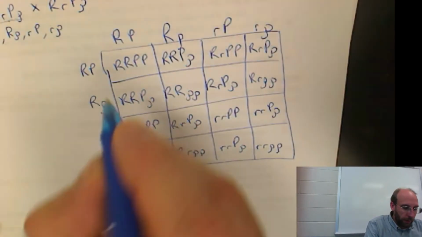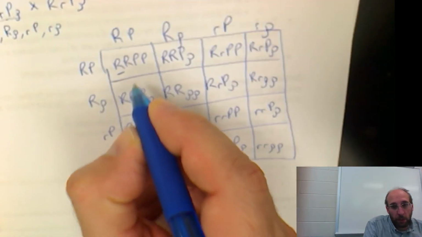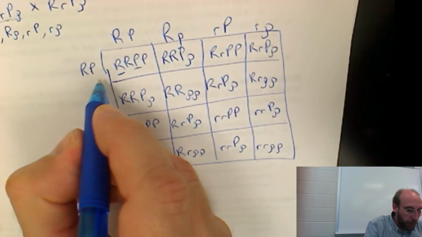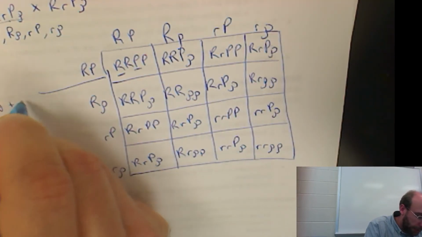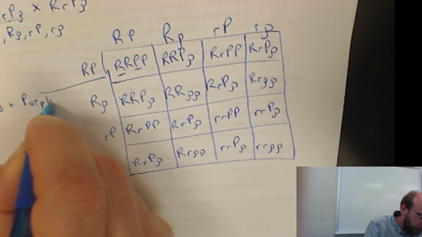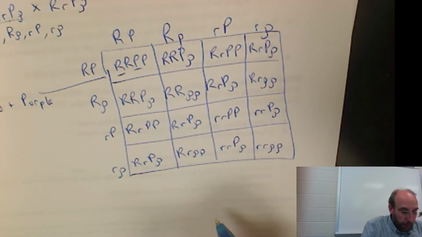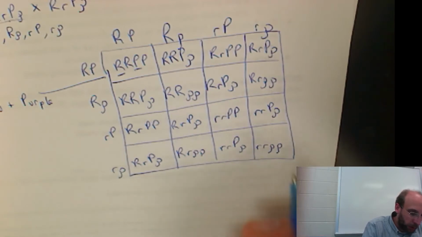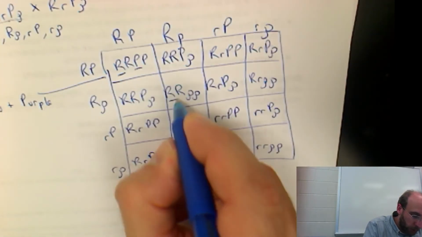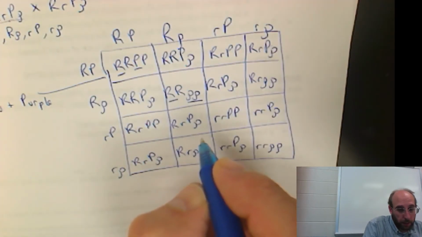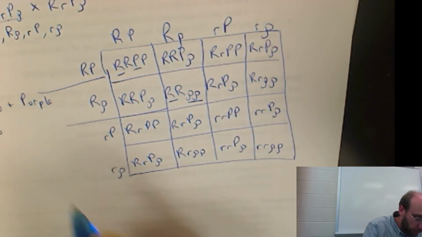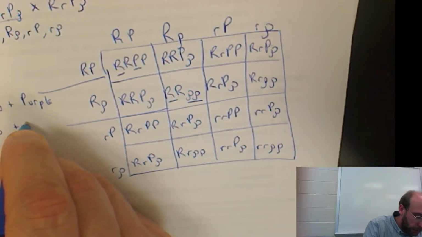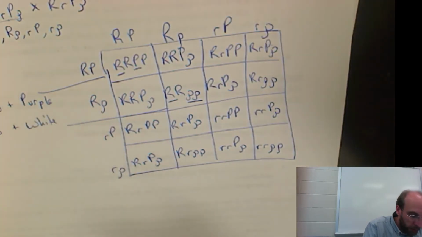So if they have a capital R and a capital P, they are going to show round and purple. If they have capital R, for instance this one, and two lowercase p's, they are going to be round seeds and white flowers.